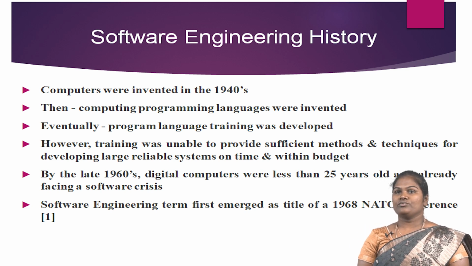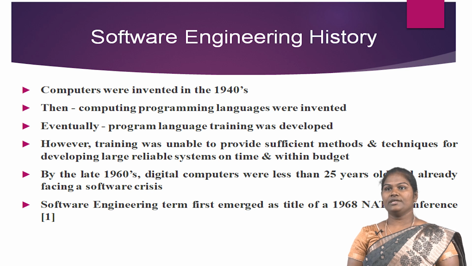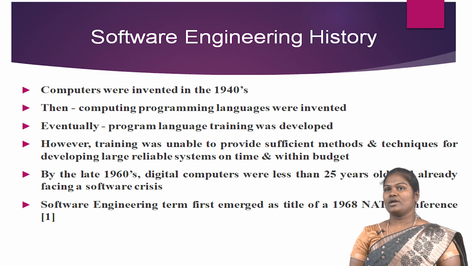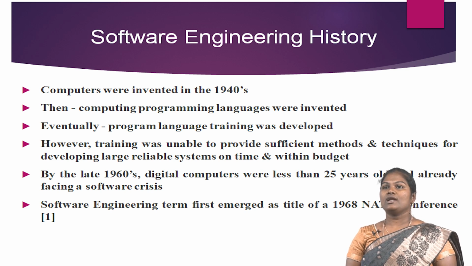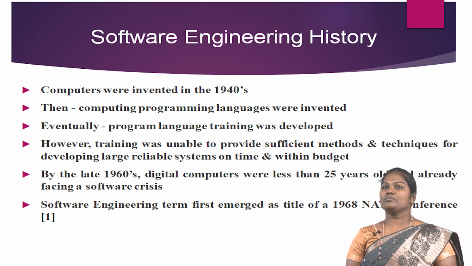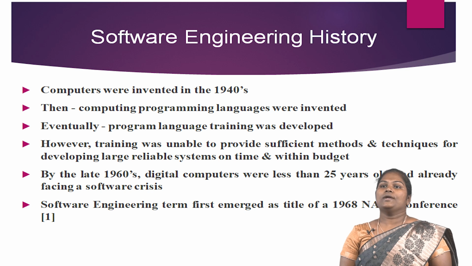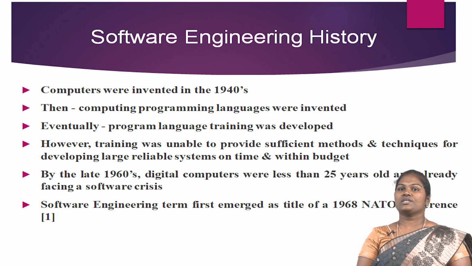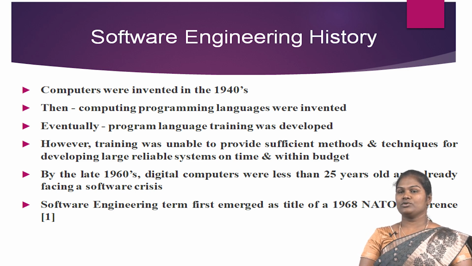As it turned out, we were not very good at building large systems on time and without overruns. Digital computers were less than a quarter of a century old, and already we were facing a software crisis. The crisis came about not only because the software being produced did not function properly, but because of the problems associated with how we developed software and the growing demand for more software than the industry could provide.